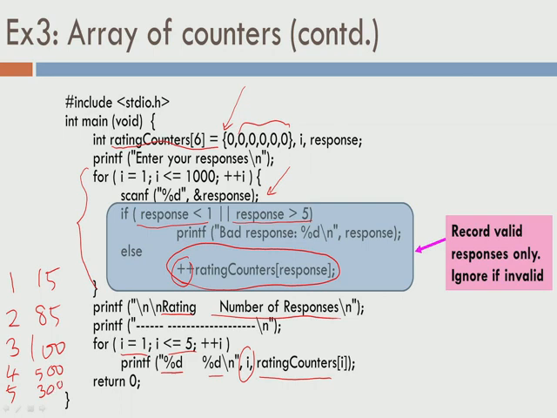So in this case, all the users, let's say, gave valid responses. The summation of this will be 1000. So that's a quick way to check whether your program is correct or not. If let's say 5 people gave invalid responses, then the count will not be 1000. The addition of this would give you 995 and not 1000.